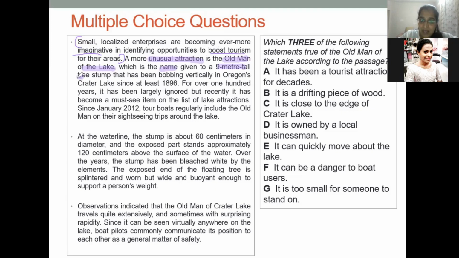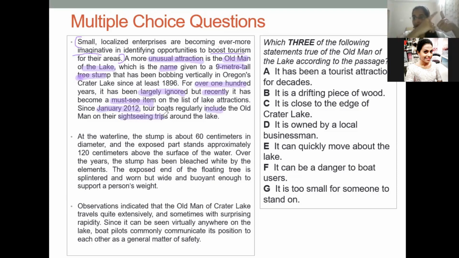These are keywords because that line is basically telling us what this Old Man of the Lake is. Over 100 years, largely ignored. Recently, must-see item. Since Jan 2012, tour boats include Old Man of the Lake on their sightseeing trips. So the first paragraph has introduced Old Man of the Lake.